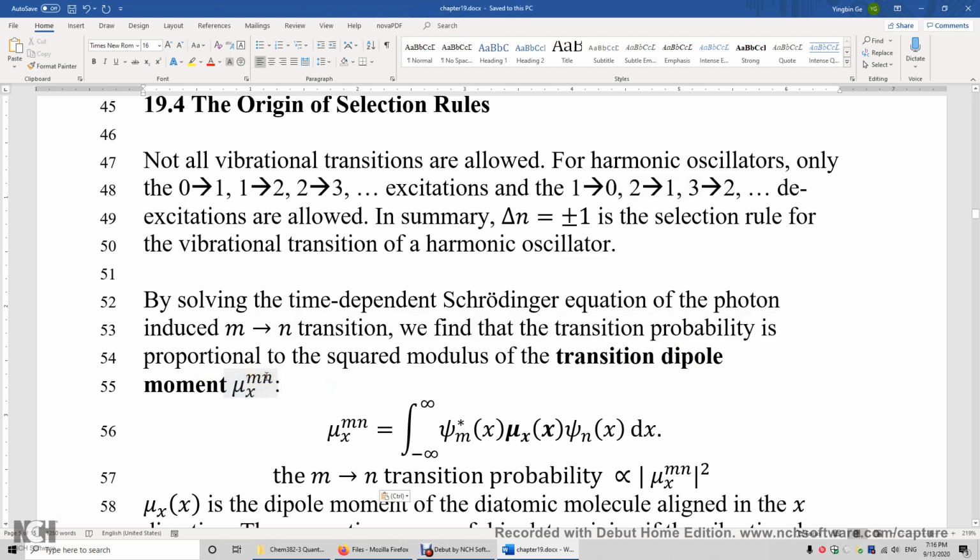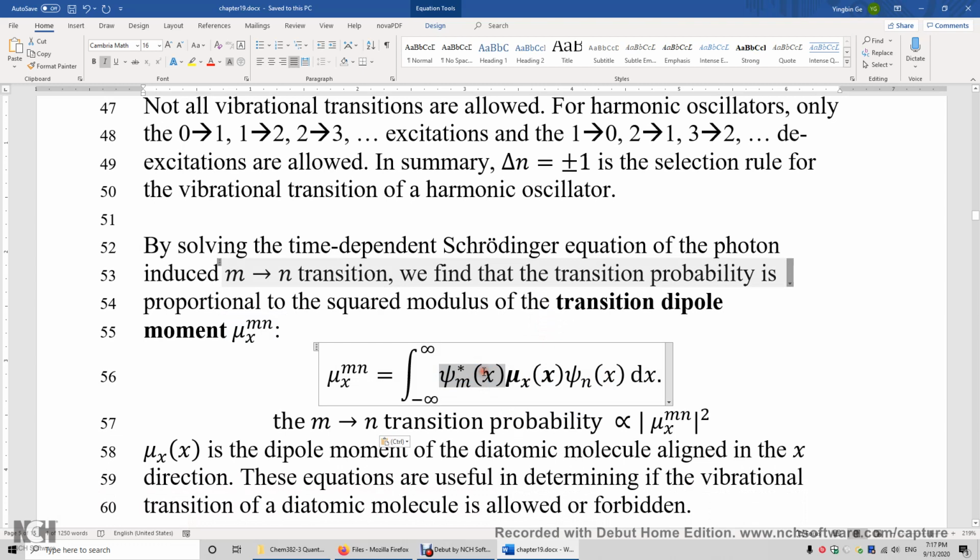So mn give you the initial and final quantum numbers. Mu is the notation for the dipole moment. x means we'll just put this diatomic molecule on the x-axis. And this transition dipole moment is an integral of psi m times mu times psi n. So it's a product of three terms.